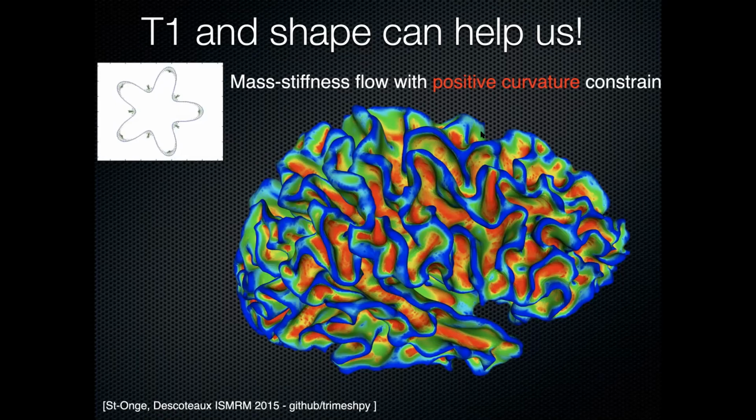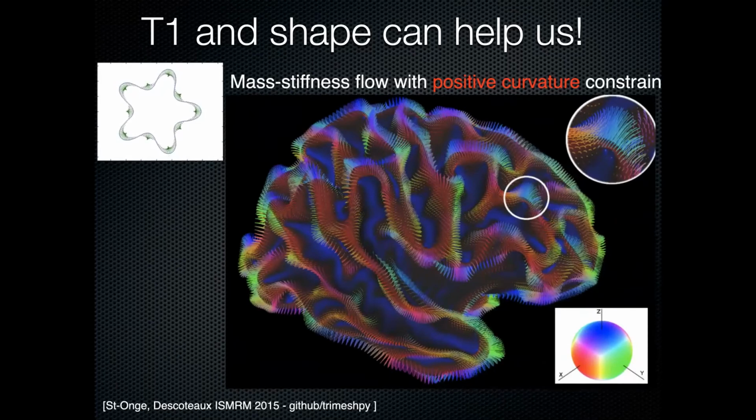And here, notions of computer vision came into play. So we implemented a mass stiffness geometric flow that kind of allowed the cortex to unfold itself, to see how we can let the cortex unfold itself and connect with deep white matter where we have better signal, better orientation, and better diffusion data.